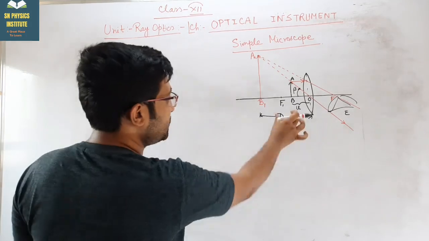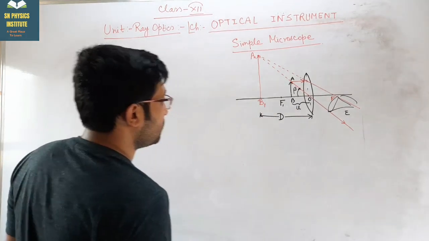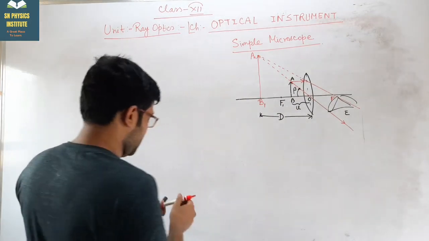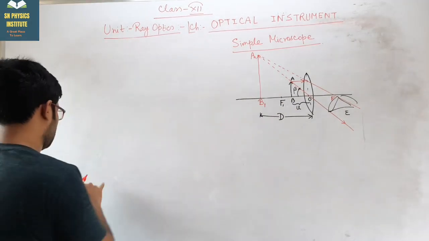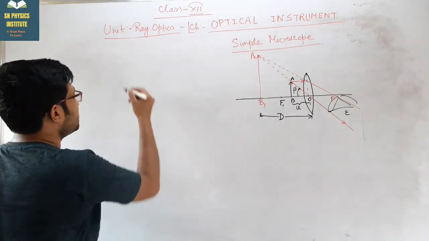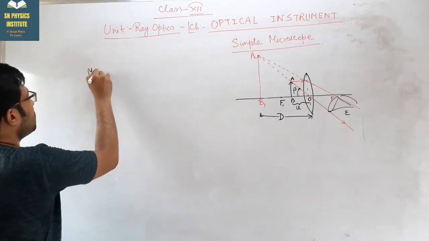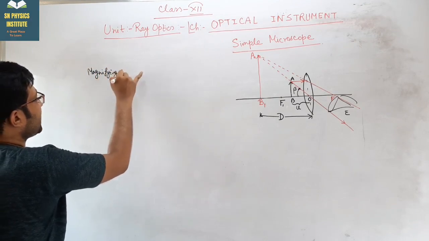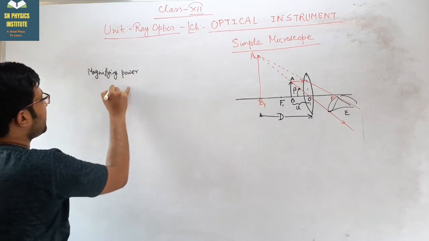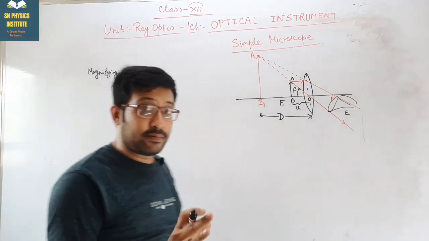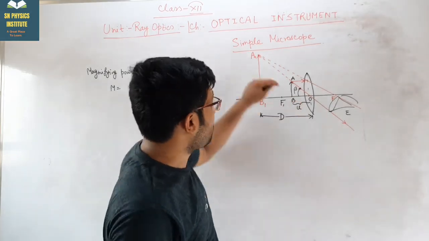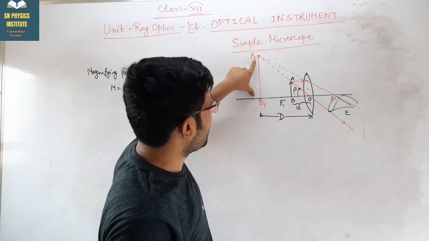So if you want to find out the magnifying power M, it is the angle subtended by the image formed by the optical instrument. The optical instrument formed which image? A1 B1.